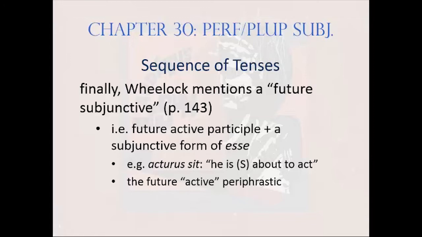Some sort of future active periphrastic, I suppose? In the subjunctive? It's true. It exists. But forget about it. You won't see this hybrid horror often enough to make it worth learning at this stage in your study of Latin. There are way more important things for you to be focusing on here.